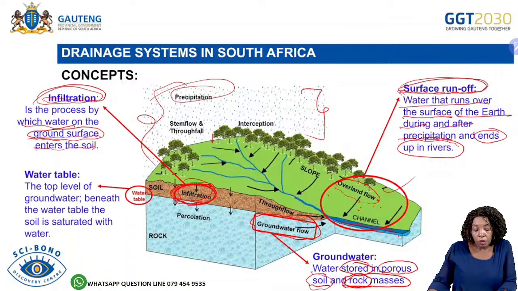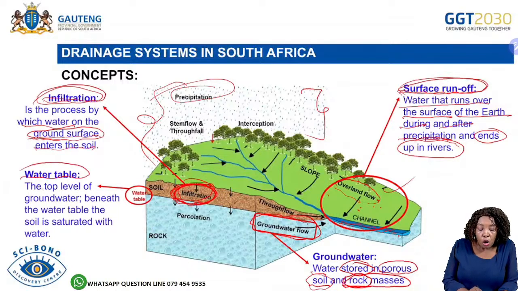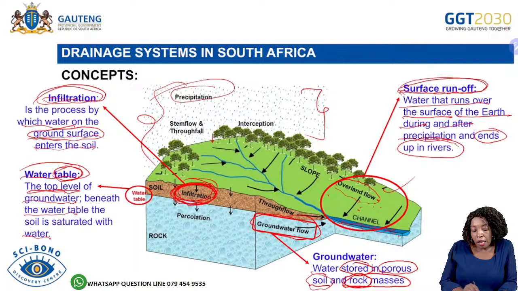Water table. This is another illustration. This is the top level. From the word itself, table, it has the top level. So the top level of the groundwater, beneath the water table, the soil is saturated with water. When water passes through via the process of infiltration, it forms part of the groundwater.